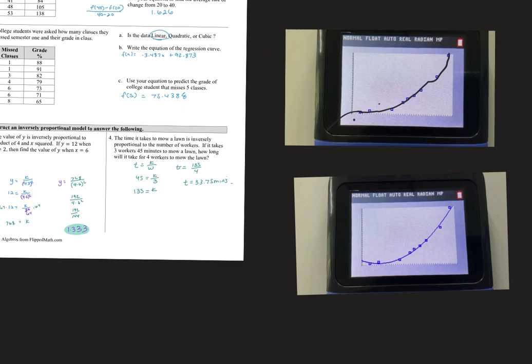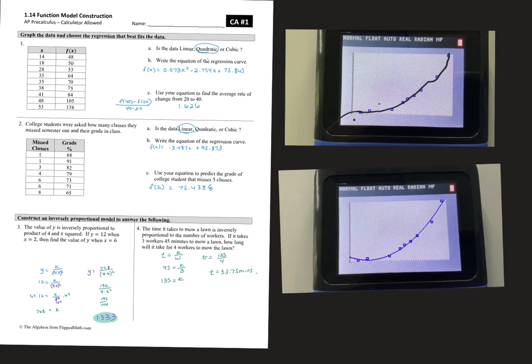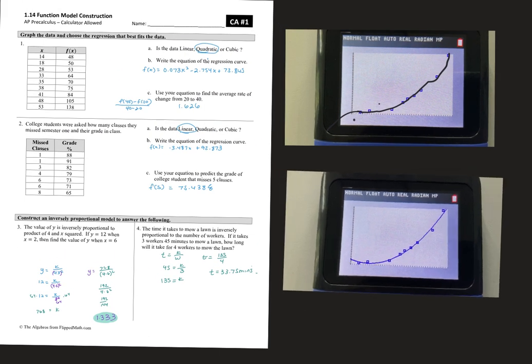Can you do part C? Yep. So, try to do it with 2 hands. When you're trying to find the average rate of change, if you've stored it in Y1, then I'm going to do my fraction. I'll show you what it looks like when I actually type it in.